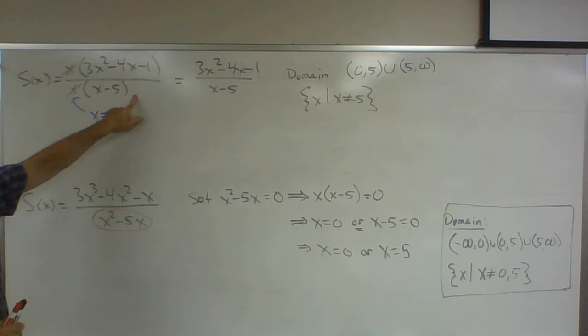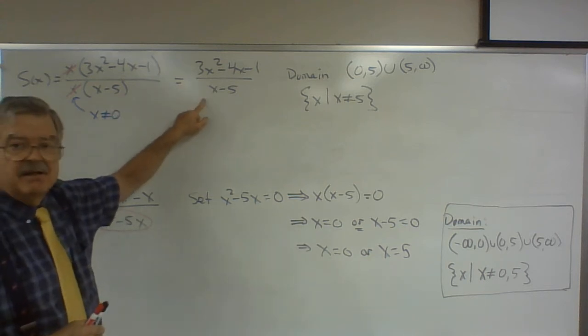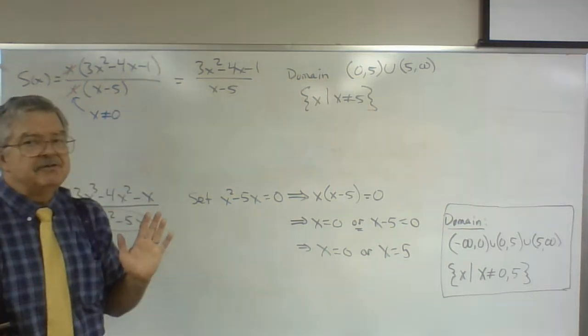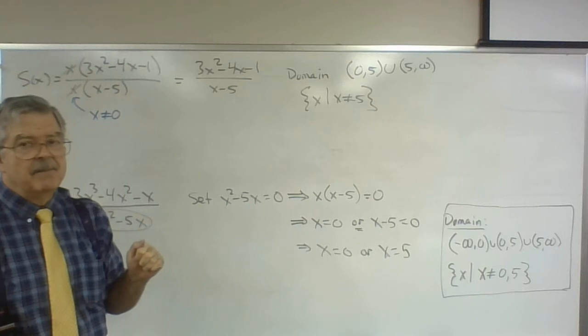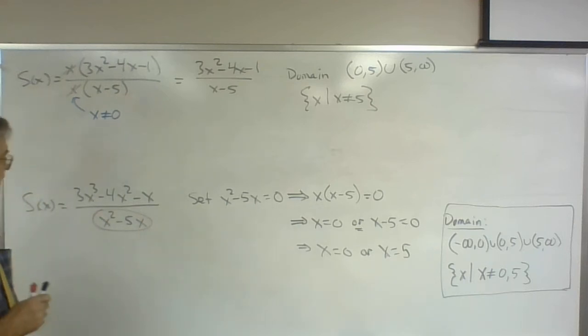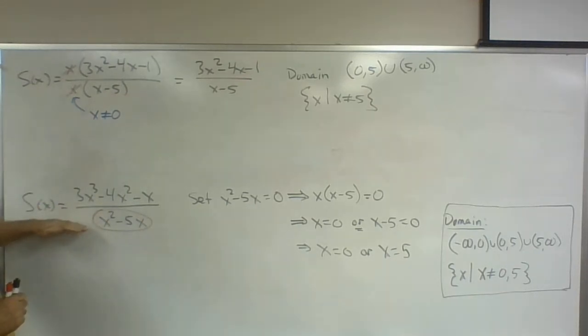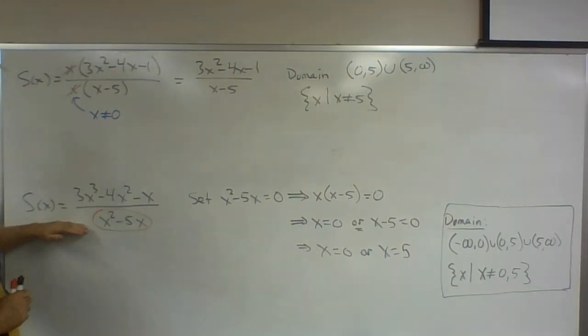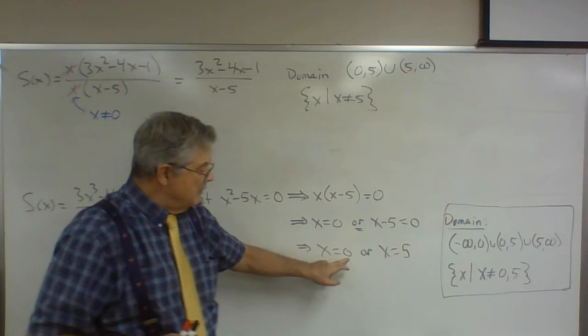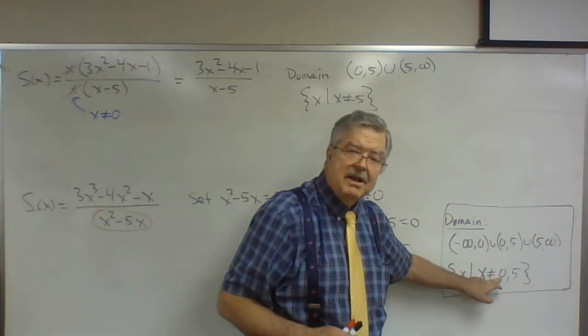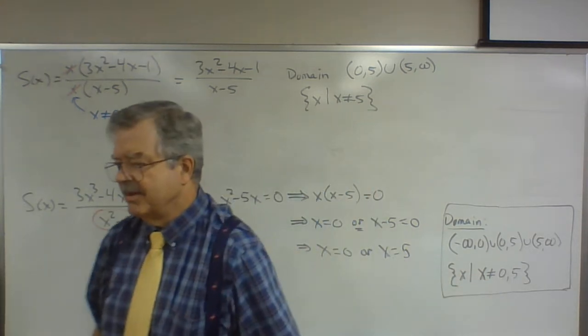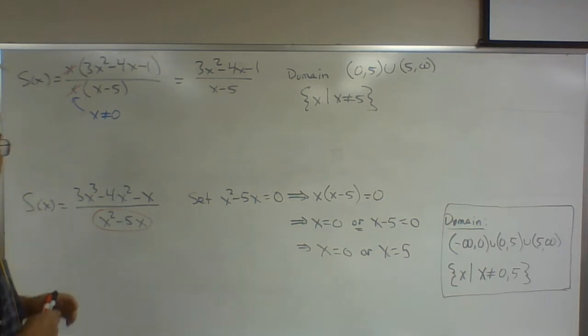So this thing and this thing are only equal as long as x is not 0. If x is 0, then this is how we have to define s evaluated at x. And 0 is one of those numbers that's not in the domain.